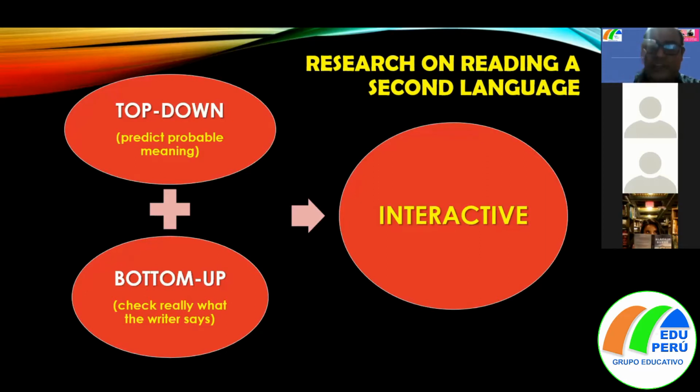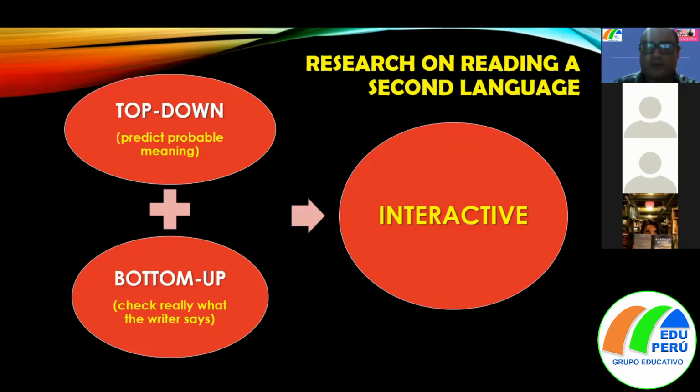But we mostly use these two processes, all right? The top-down means that you're going to predict probable meaning because you're going to compare it with your knowledge, your prior knowledge, your schemata. That's why he says that you're going to predict something. And the bottom-up is to decodify what the writer wants to say in the text. You're going to decodify the information given in the text. So this is the bottom-up. Joining these two, we have the interactive.